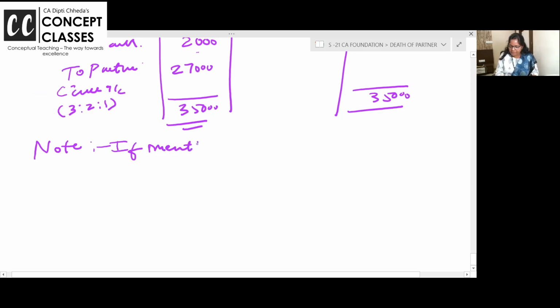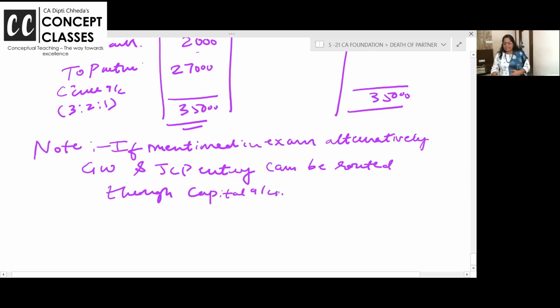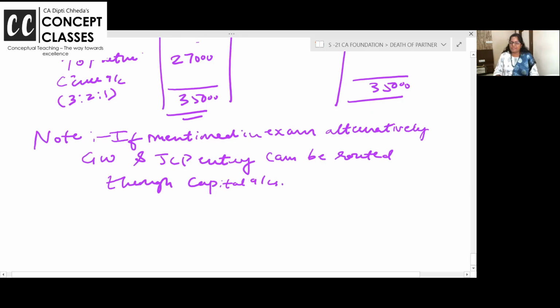If mentioned in exam, alternatively, goodwill and JLP entry can be routed through capital accounts.